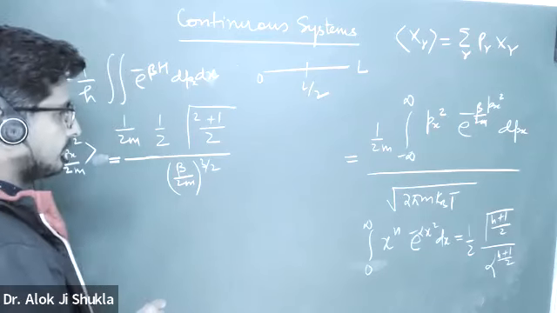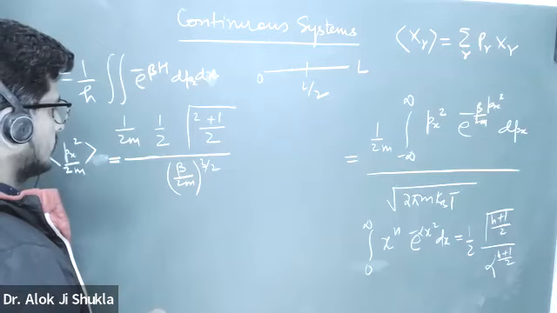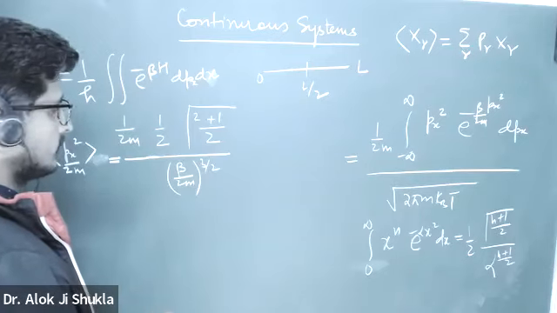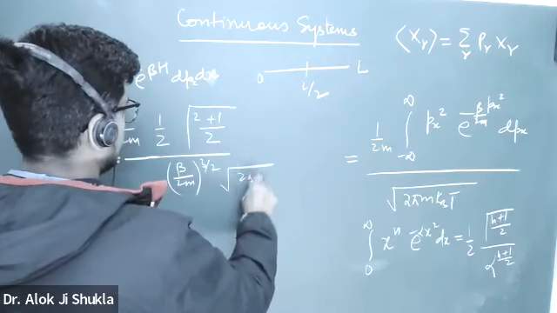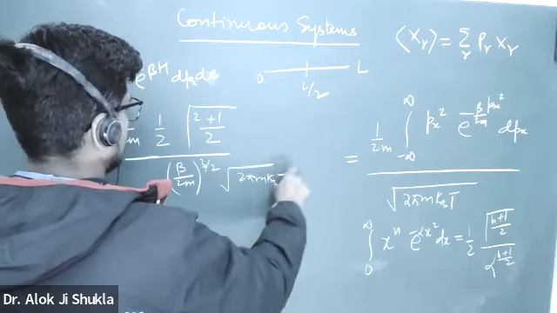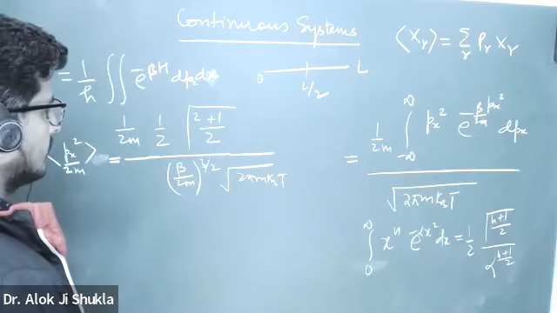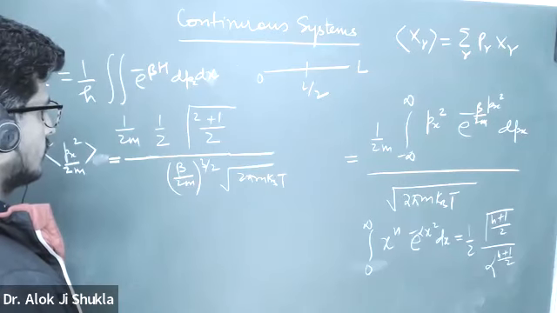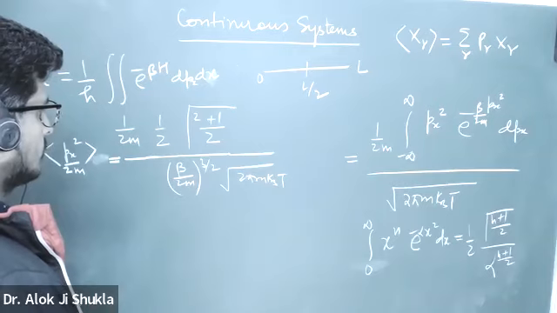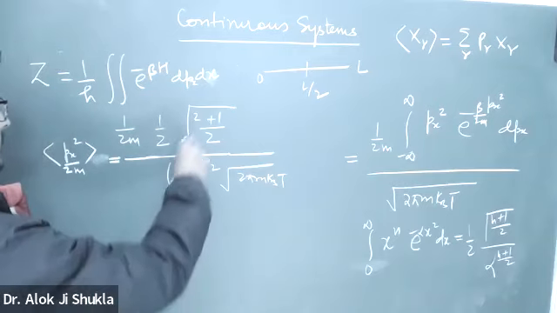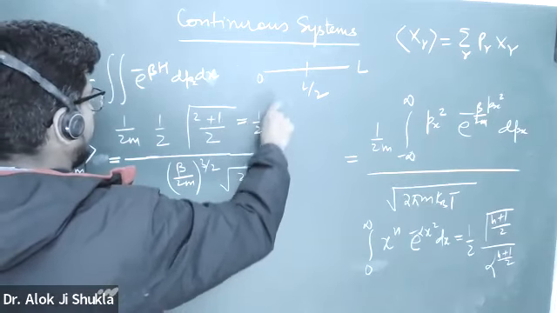ये हो जाएगा √2 pi m KBT. and in division this is what, 3 by 2 है 1 2 half under root pi.